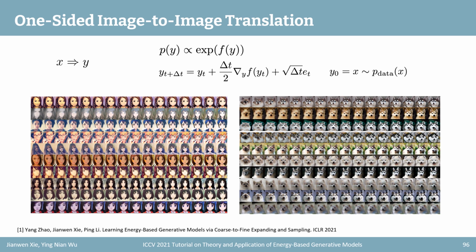What we need to do is to train an energy-based model on the target domain. However, during training, we need to initialize the short-run MCMC with some random examples from the source domain at each iteration. Once the training is done, the short-run MCMC will serve as a flow generator that maps the example from the source domain to the target domain.